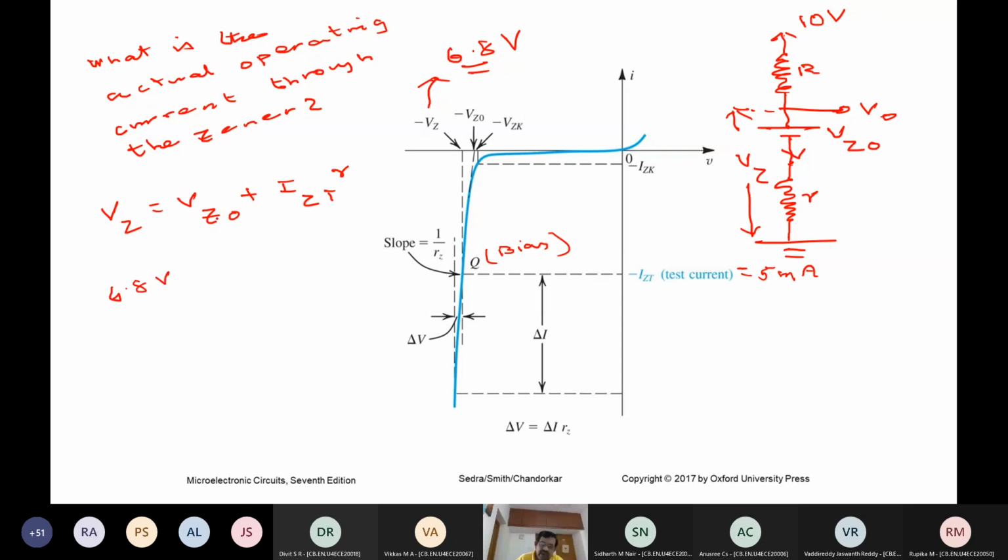So let me define this VZ naught. See here, the linearity begins over here. In this linear region, you can define a slope. Slope is normally y by x, and because the y-axis is current and the x-axis is voltage, it should be the inverse of the incremental resistance. That is why the slope is 1 by rZ.